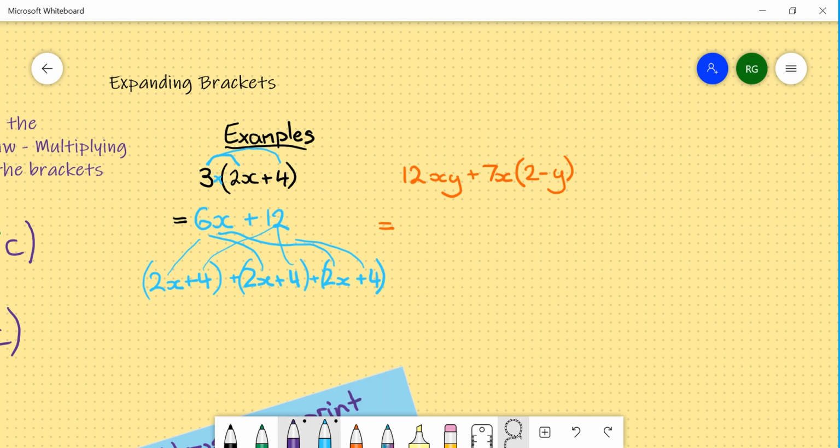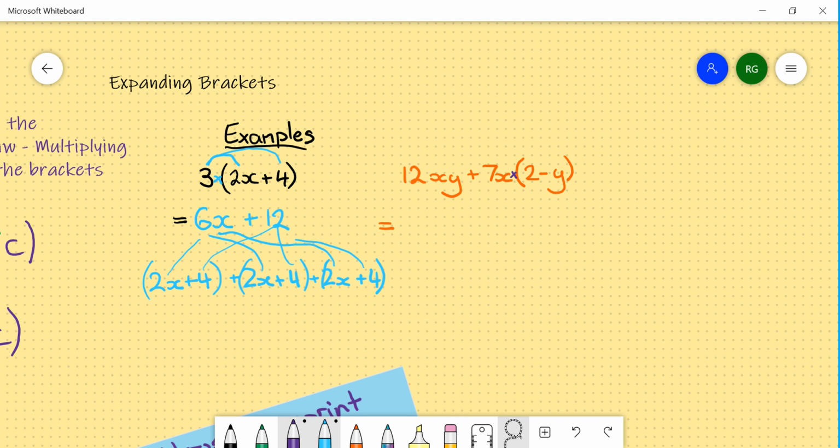This is where you're going to need to remember some of your work from like terms, or collecting like terms. So according to our BIDMAS rules or BODMAS rules, you're going to need to do the brackets first, remembering that there's a multiplication symbol in there.